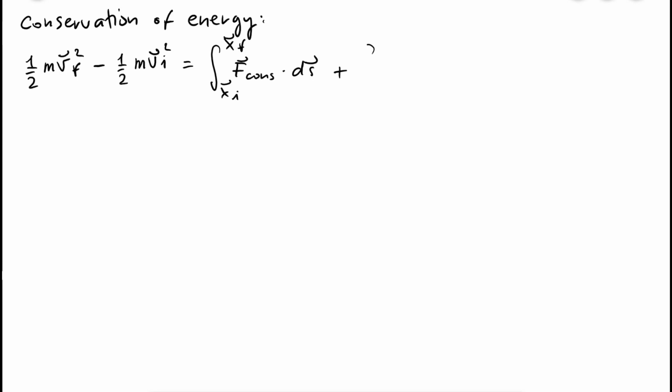And so we know for a fact that 1/2 m v final squared minus 1/2 m v initial squared is going to be equal to the integral from an initial point to a final point of the net force of all the conservative forces dot producted with a path displacement. And we must also, for completion, include the work done by all the non-conservative forces, right? Since this is what we had already discussed.